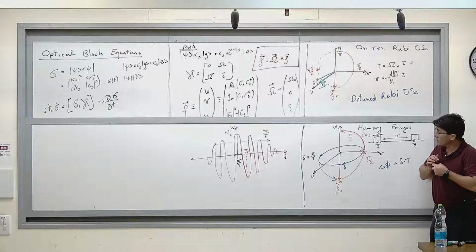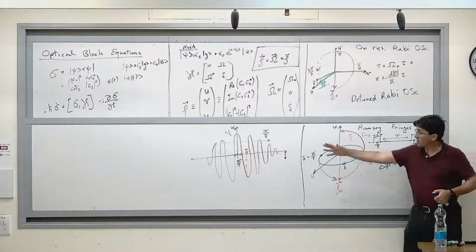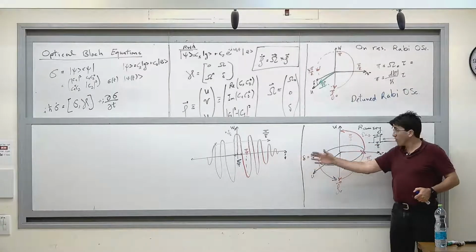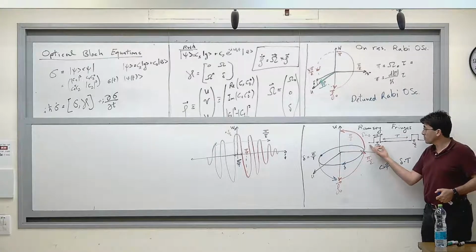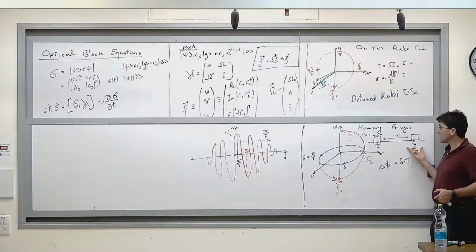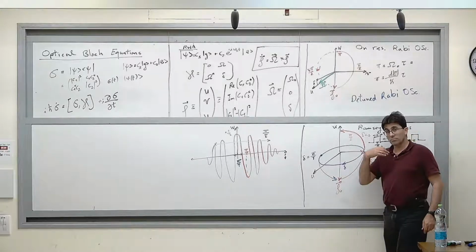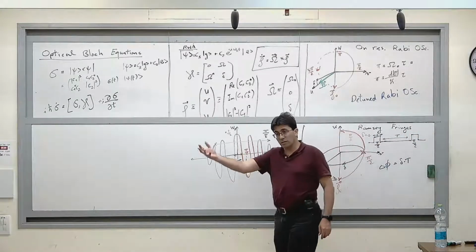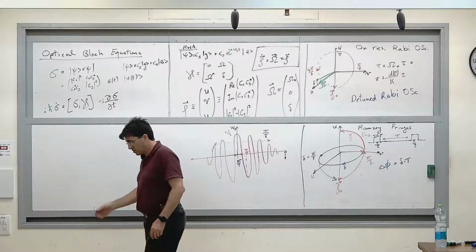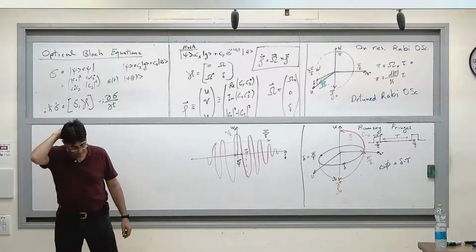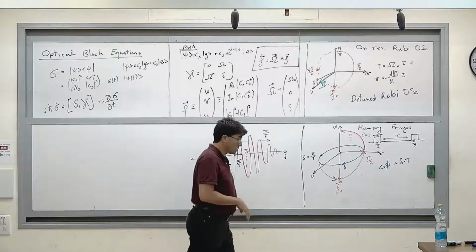Actually, this picture is the Fourier transform of this temporal profile, just as double slit diffraction is the Fourier transform of the two slits in space.